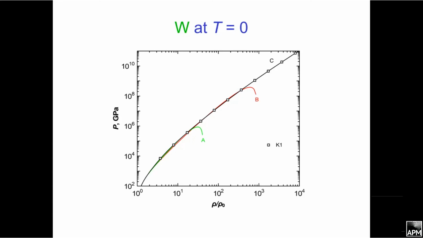The black line is from these calculations. Squares are taken from calculations by Nikolai Nikolaevich Kalitkin using the Thomas-Fermi model.